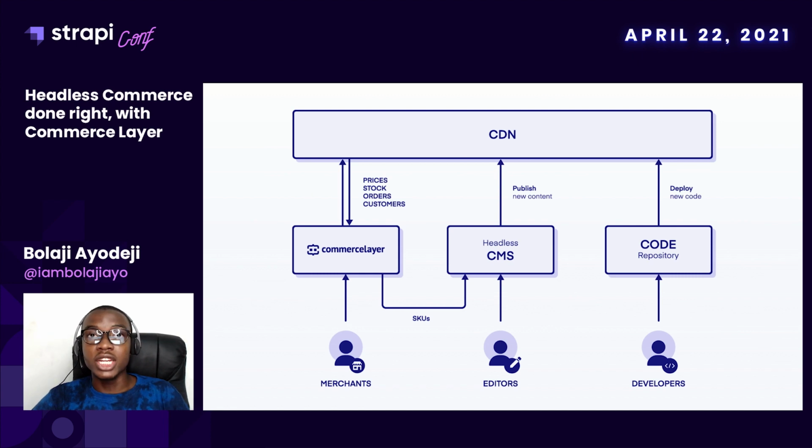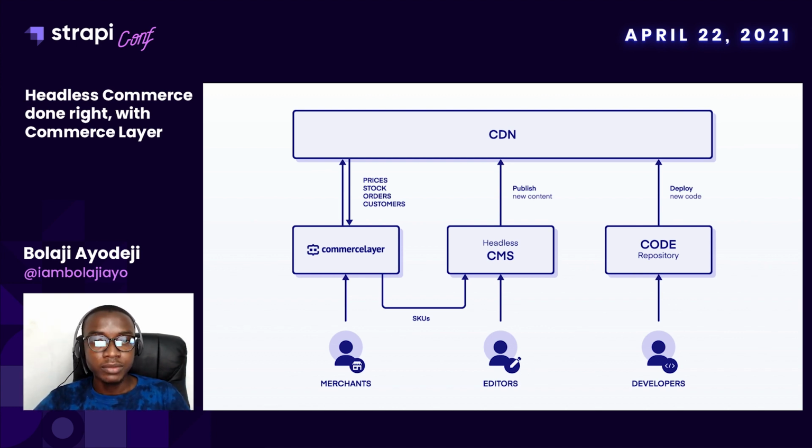And you don't manage any form of content on Commerce Layer. So what you do now is your content editors go straight to the headless CMS and you import SKUs from Commerce Layer into your headless CMS using our webhooks, and then you're able to prepare the product catalog for that particular item. And now your UI engineers and your backend engineers are also working simultaneously, building the best experience you can deliver to your customers.